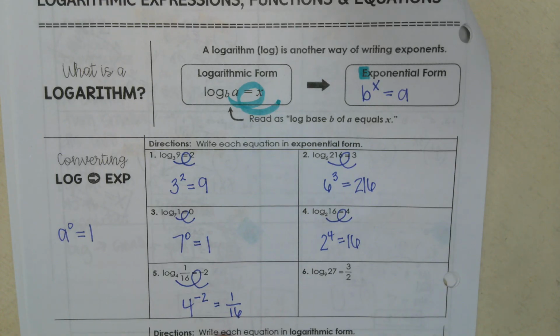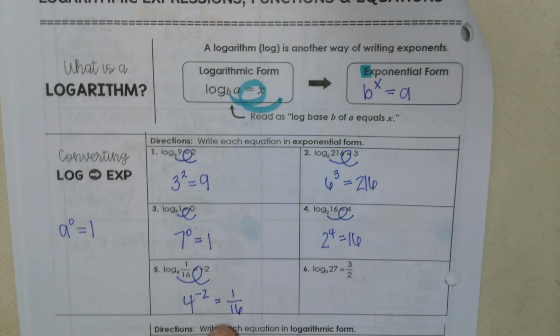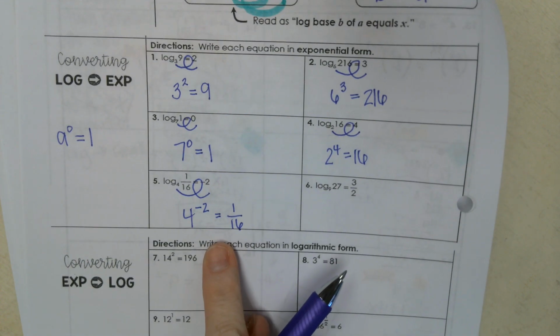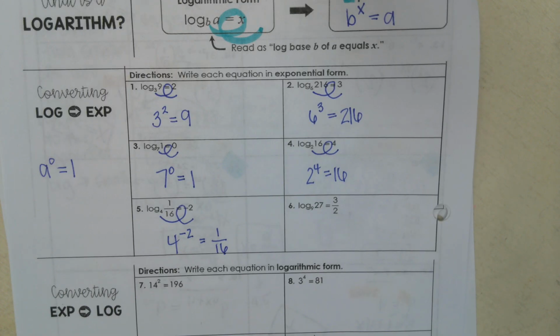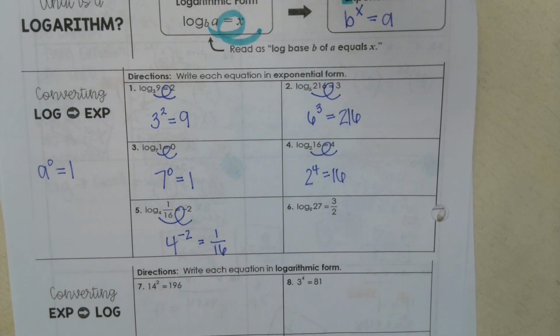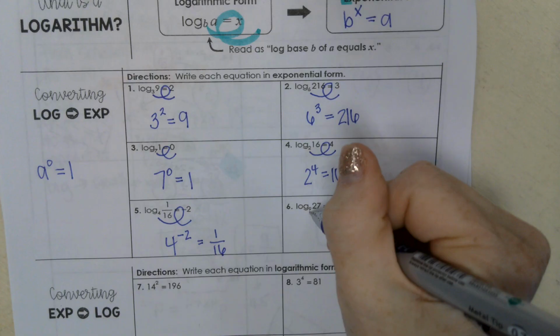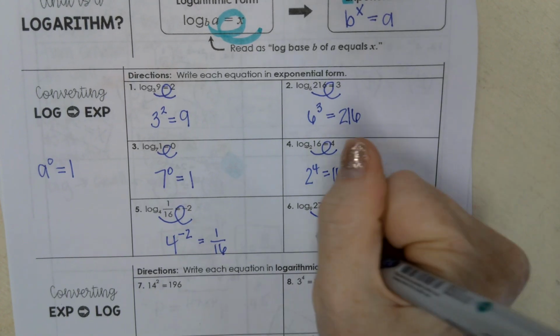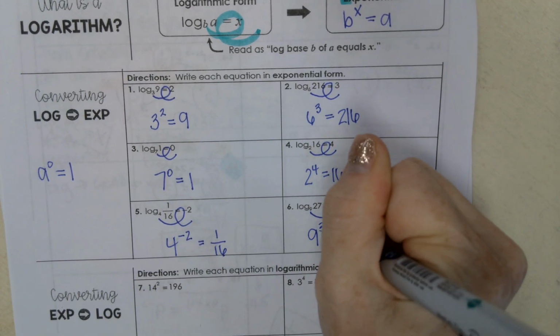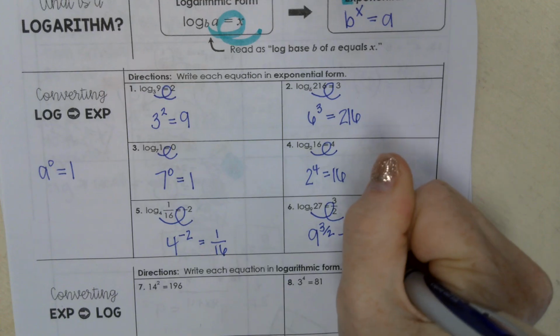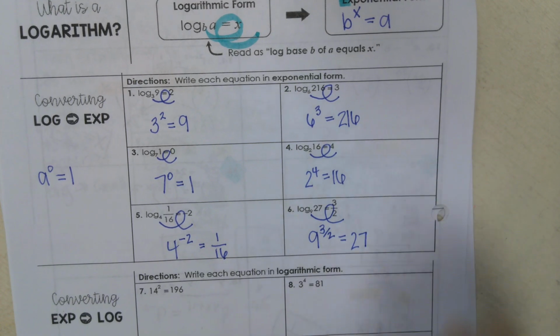I do recall yesterday we looked at these when we were converting things from a fraction, because we don't like fractions, right? So we want to rewrite it with a different base and bring that up from the denominator. And then right here I end up with a fraction. This is 9 to the 3/2 power equals 27.